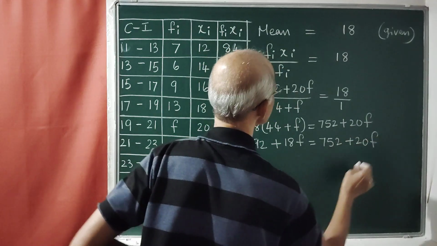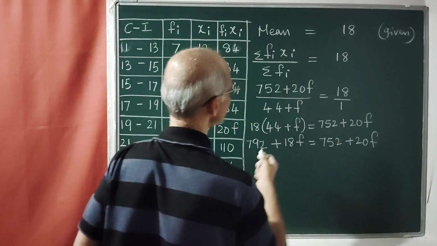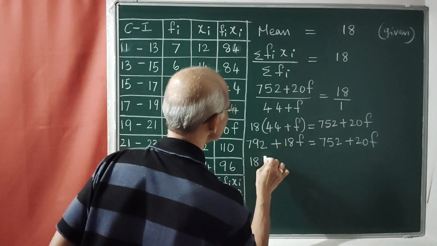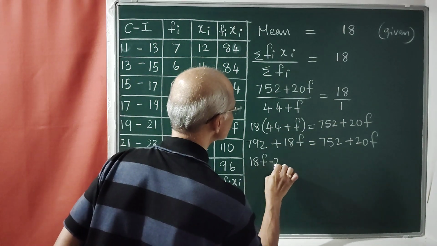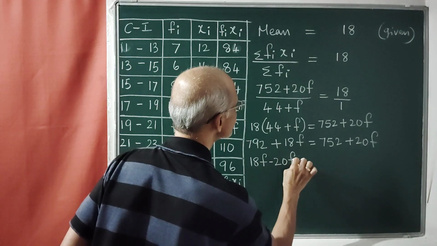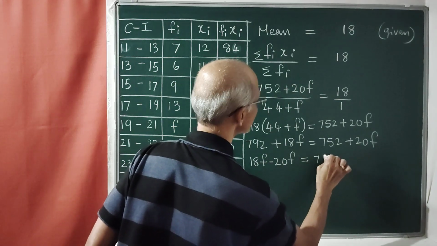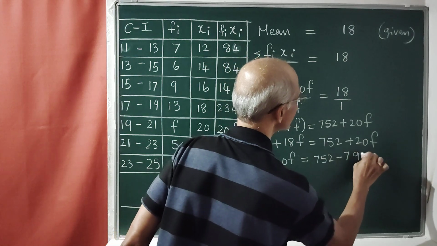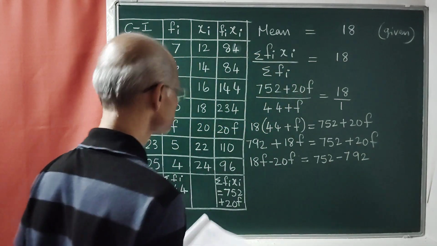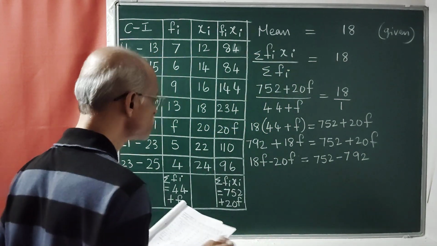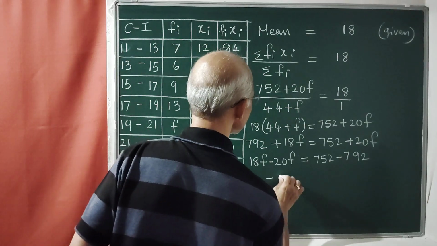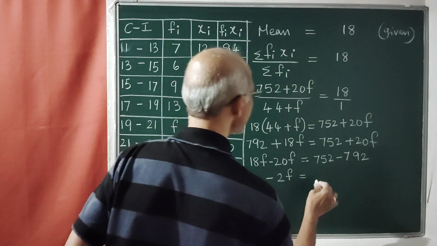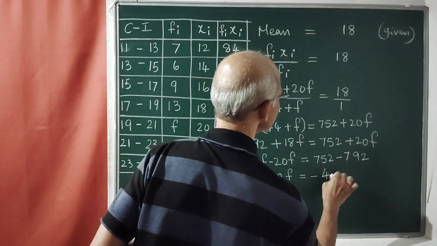To transpose 20f to the left side, and this to the right side. So 18f minus 20f is equal to 752 minus 792. You will get minus 2f is equal to minus 40.